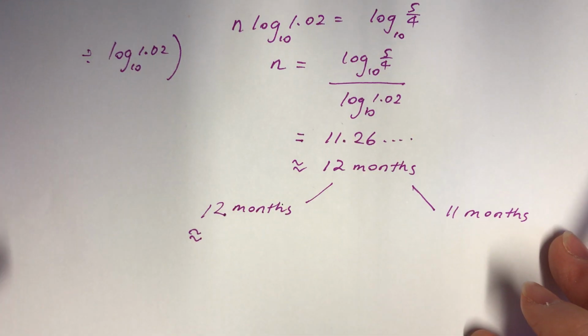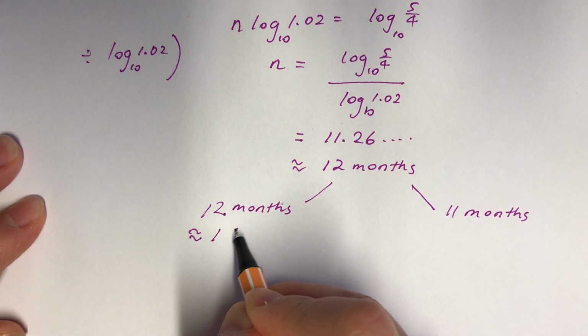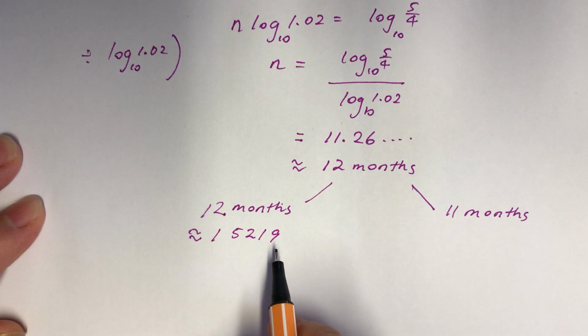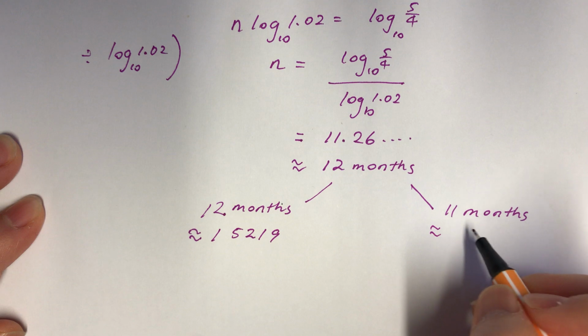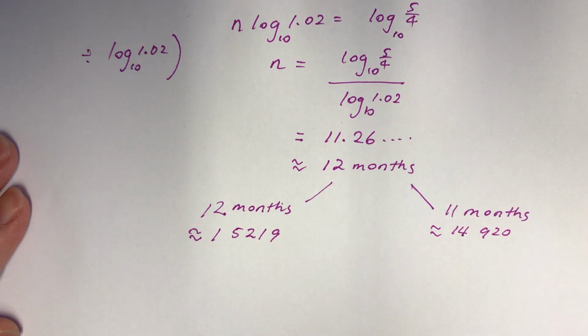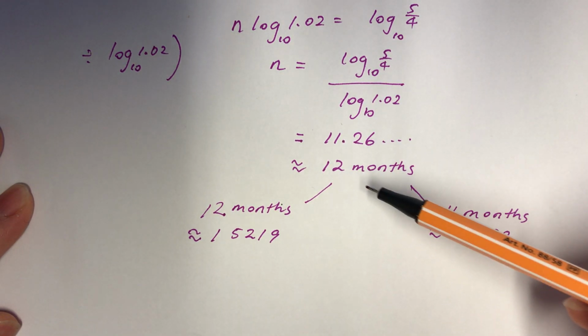And you use your calculator, what you're going to get is about $15,219. But if you put 11 months, 14,920. It's not quite 15,000, isn't it? So it's better to do 12 months.